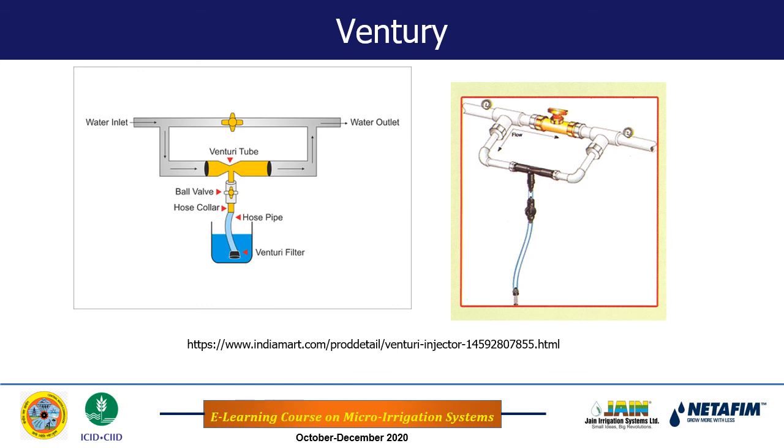As you see, the venturi has a contraction, because of which the pressure head is converted into velocity head, and therefore there is a pressure drop in the system. Because of this pressure drop, the fertilizer kept in the container is sucked into the system and then applied through the drip irrigation system.